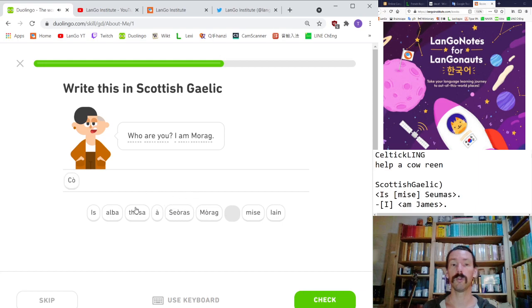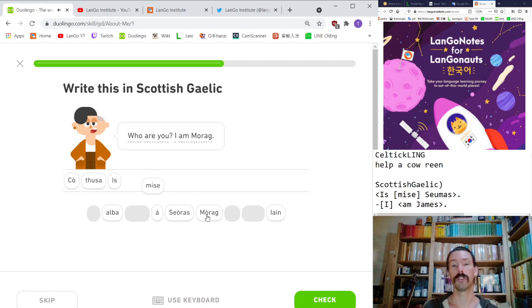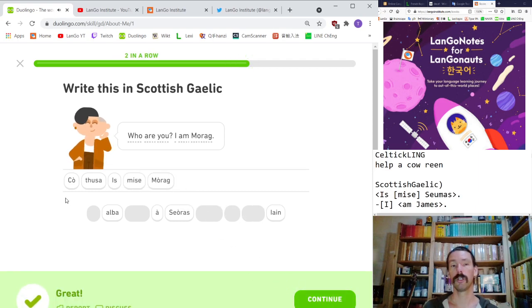Cò thusa? So se in some words, and I think sa in this one. Tusa, not tusha. Those clash. You can't get that unless you slenderize the S, I suppose. Tusa would be you are Muireann. Is mise Muireann. Cò thusa? Is mise Muireann.